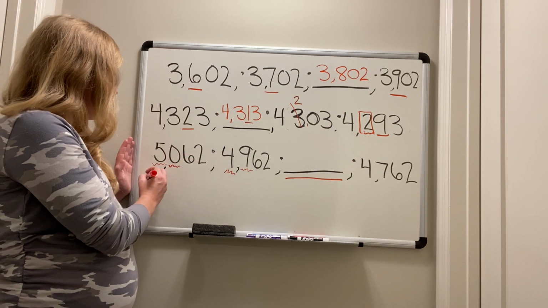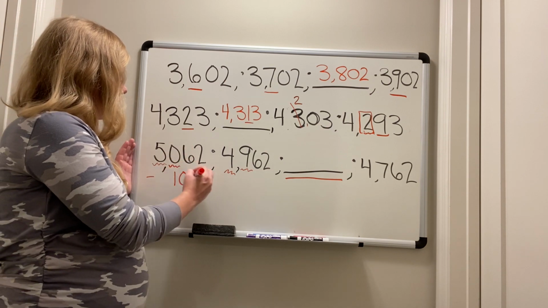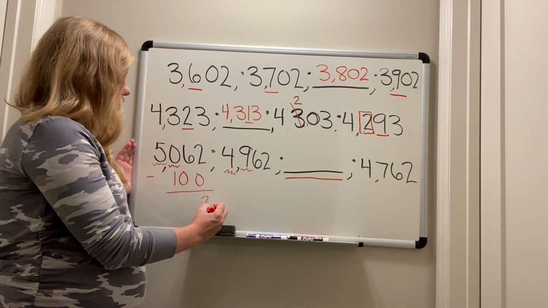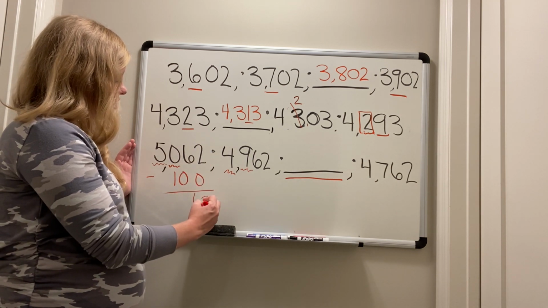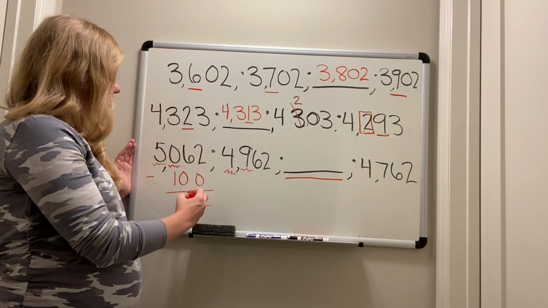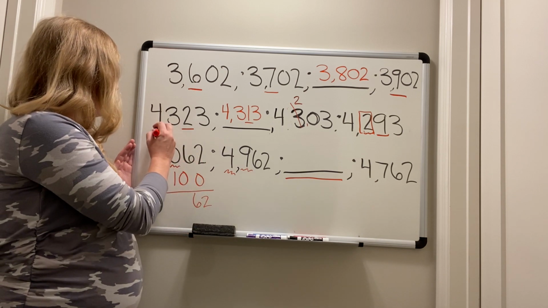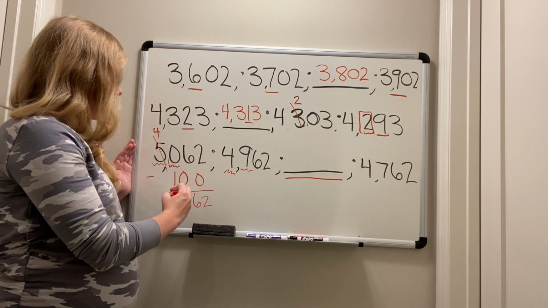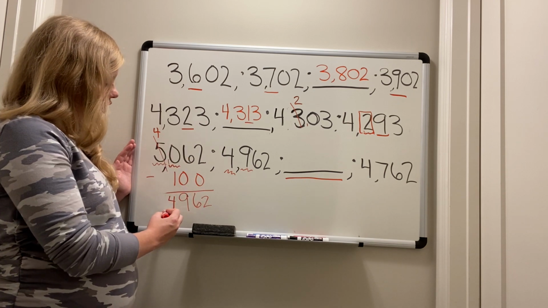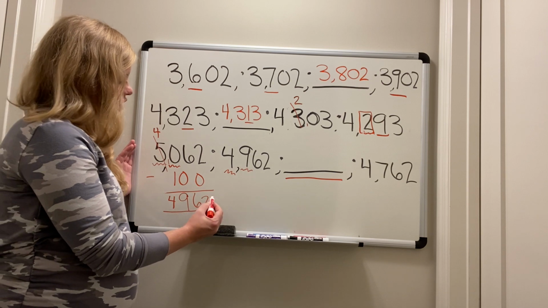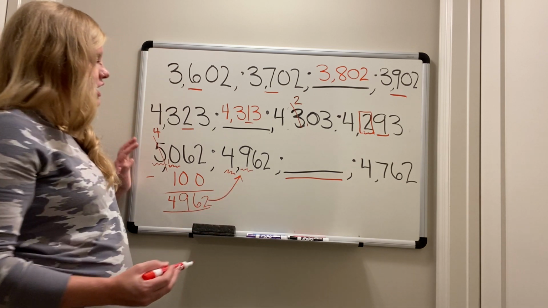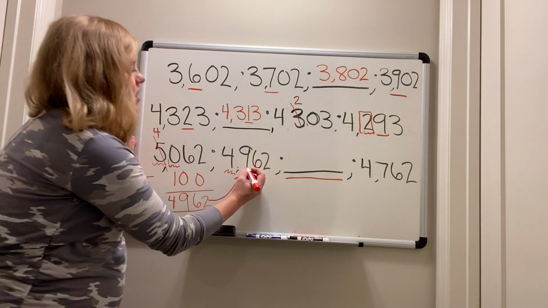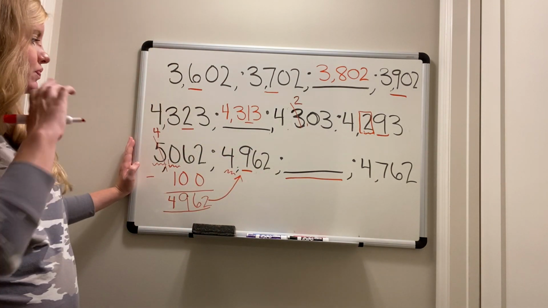So if we're going to subtract 100 from this number, 2 minus 0 is 2, 6 minus 0 is 6, 0 minus 1, can't do it, we go to the 4. 10 minus 1 is 9, 4 minus nothing is 4, good. So this number is 100 less than this number. So we are looking at the hundreds place.